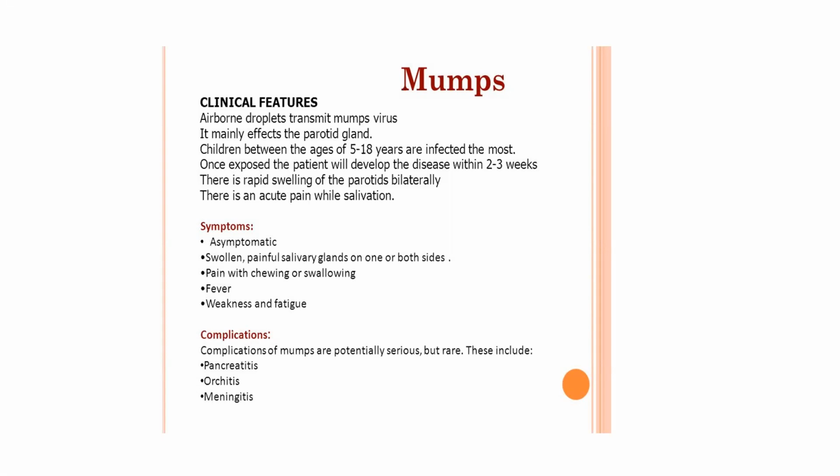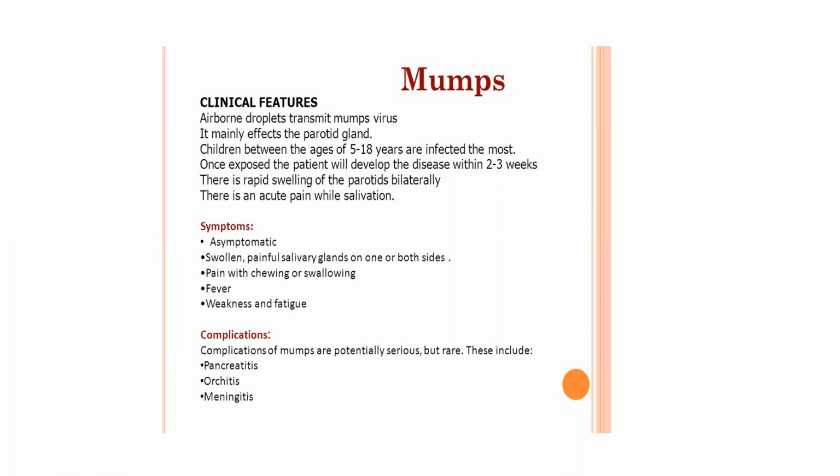Then another complication that is seen in the male is called epididymo-orchitis, or just orchitis. Now this orchitis is a kind of complication that is seen in post-pubertal male patients.